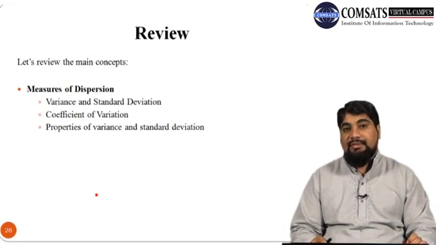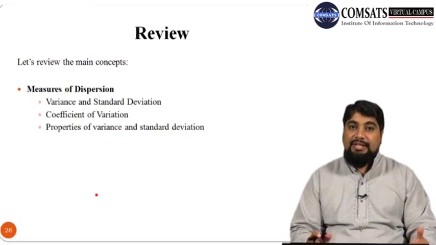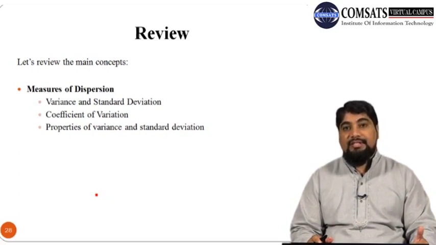In particular, we discussed variance and the standard deviation, and then we discussed how we can compare the variation between 2 or more than 2 data sets by using a relative measure of dispersion, which is the coefficient of variation. And then we have discussed some of the useful properties of variance and standard deviation.